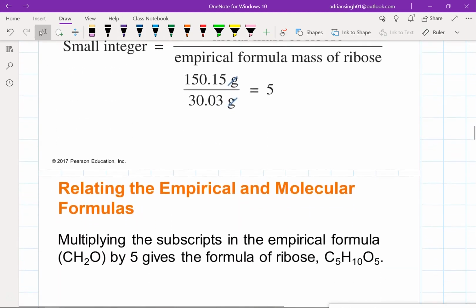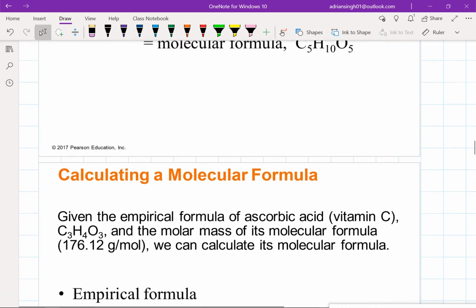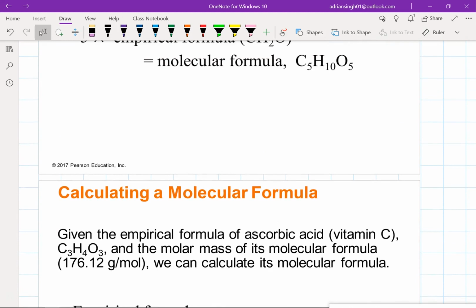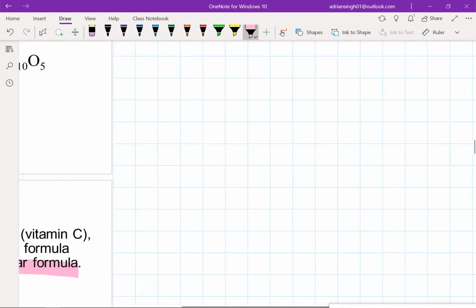All right, so let's take a look at an example. It says, given the empirical formula for ascorbic acid, C3H4O3, and the molar mass of its molecular formula, that is, the molecular formula mass is 176.12 grams per mole, we can now determine what the molecular formula is. So let's write that information down.